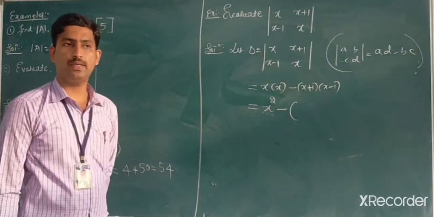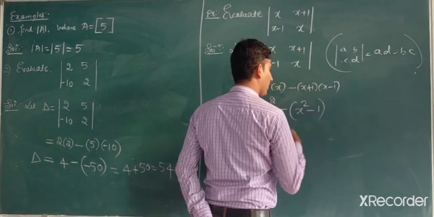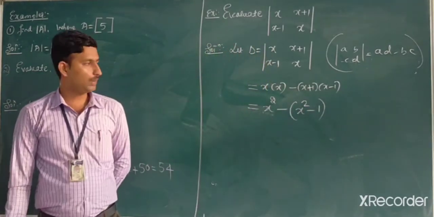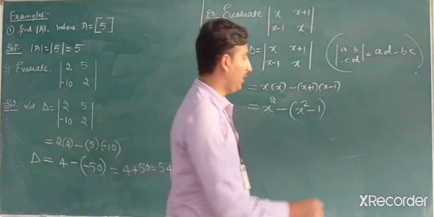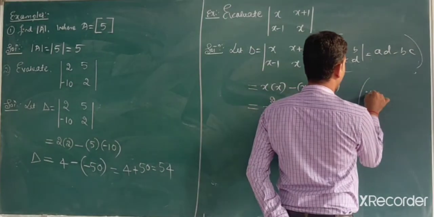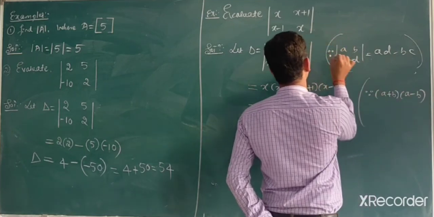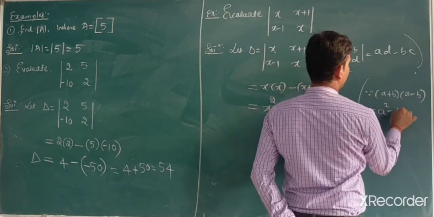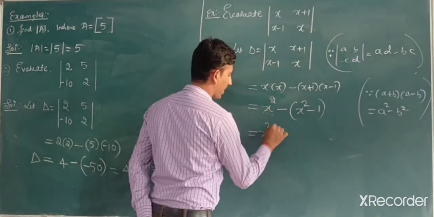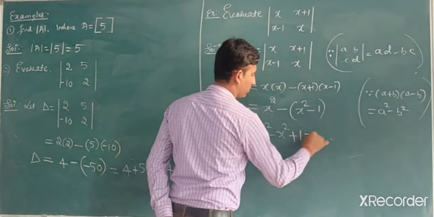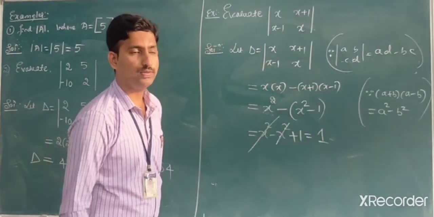A plus b into a minus b is a square minus b square, so that is equal to x square minus (x square minus 1), and x square minus x square plus 1 is equal to 1. This is the evaluation of some results.